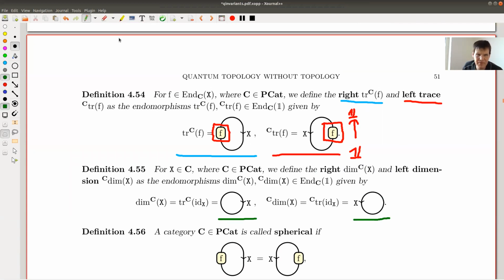Maybe I should do it differently. So you have left, you have right dimension. And you have the left dimension.